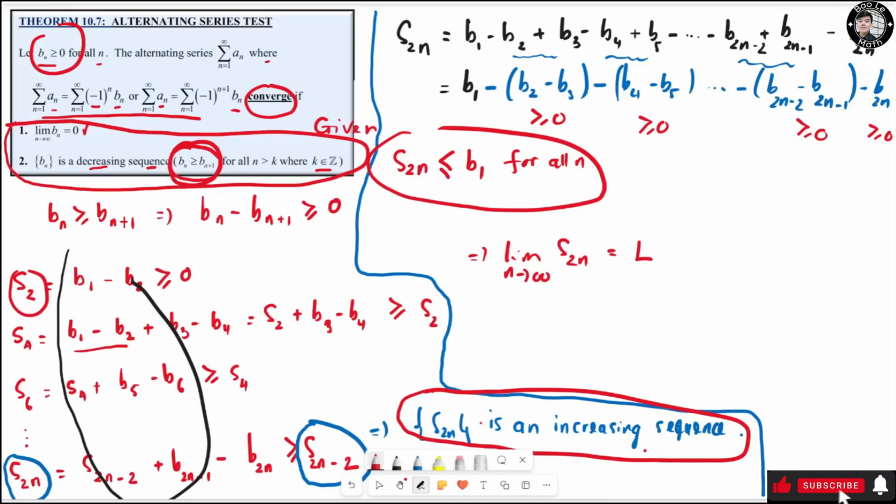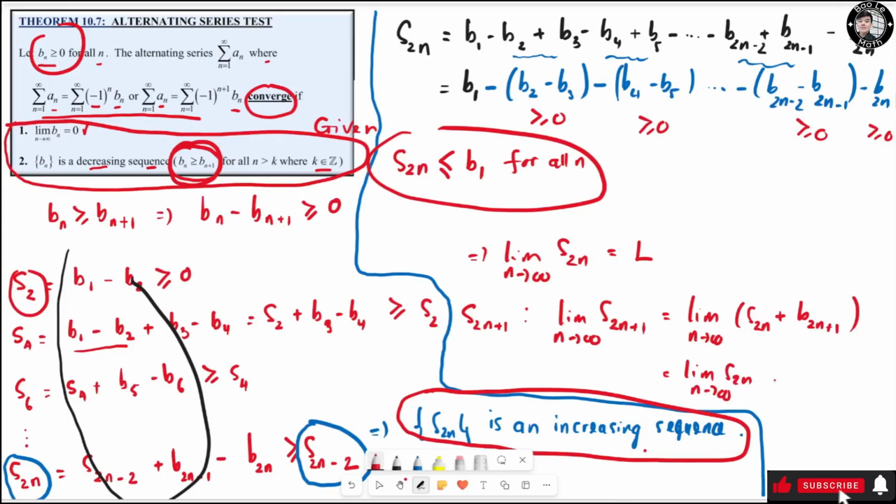Now, if you do exactly the same thing for the odd partial sums, s sub 2n+1, you're going to end up with the limit of s sub 2n+1 as n approaches infinity equals the limit of s sub 2n plus b sub 2n+1 as n approaches infinity, which equals the limit of s sub 2n as n approaches infinity plus the limit of b sub 2n+1 as n approaches infinity.